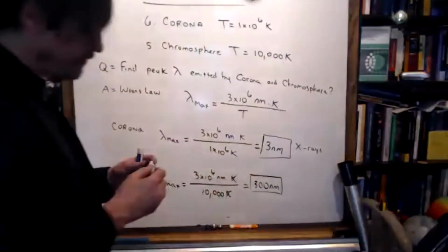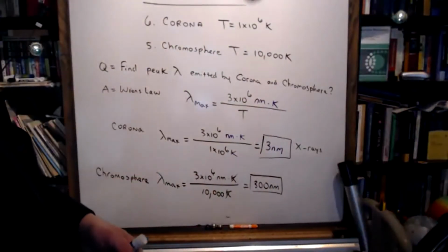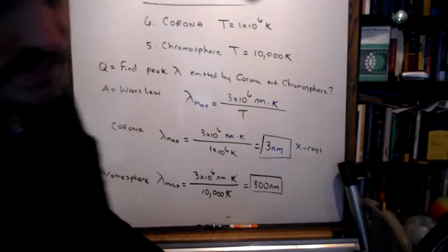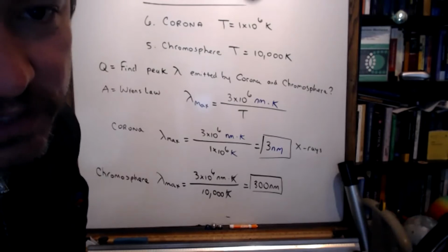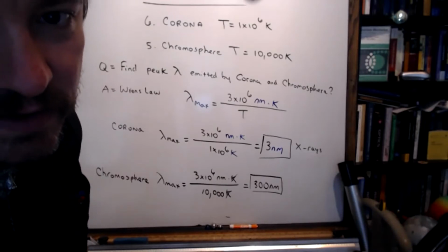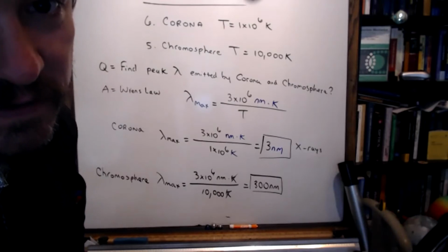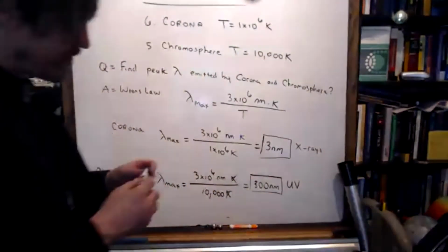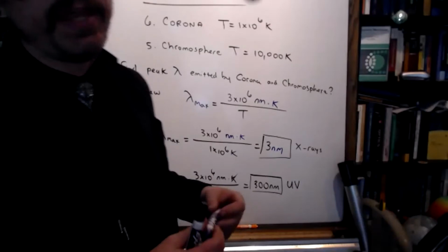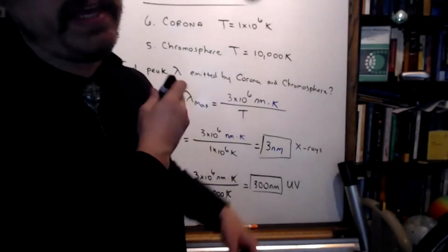Okay, Christopher, since you got the last one, let me make sure that there's somebody else besides you who understands how to do this. Can someone besides Christopher tell me what regime of the electromagnetic spectrum 300 nanometer light is found? Ultraviolet. Excellent. For this reason, folks, the only real way to see the chromosphere is to look at the sun in ultraviolet wavelengths.